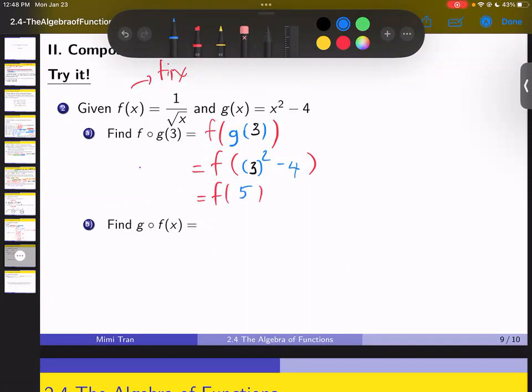Plug in 5 for f. So 1 over square root of 5. If you want to impress me, you can do square root of 5 over 5. It's the same thing, right? Rationalize the denominator. Mathematicians don't like a radical in the denominator.